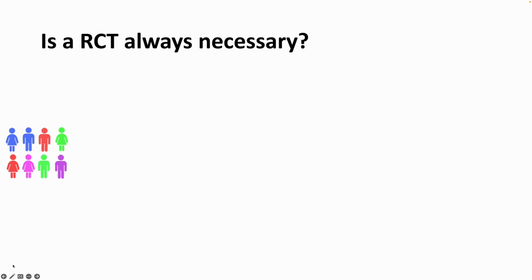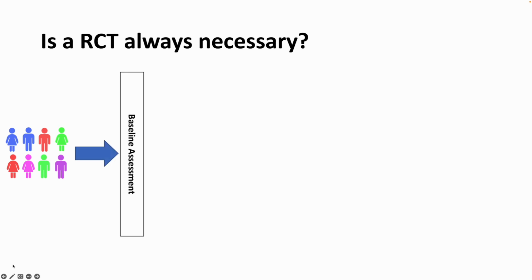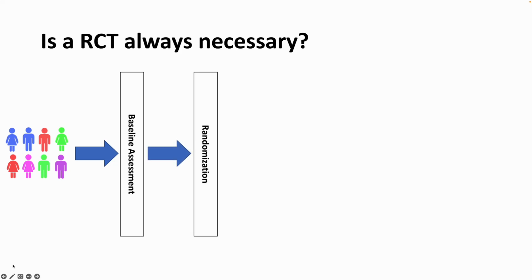So briefly speaking, hypothetically, if we were to create a study design looking at the effects of an intervention, let's say to look at the effects of using a parachute on loss of life when jumping out of an airplane. Well, if I wanted to look at that in a randomized control trial, what I would do is assess individuals at baseline.